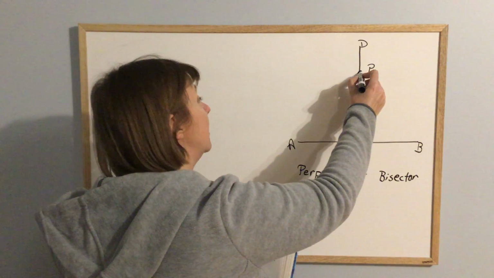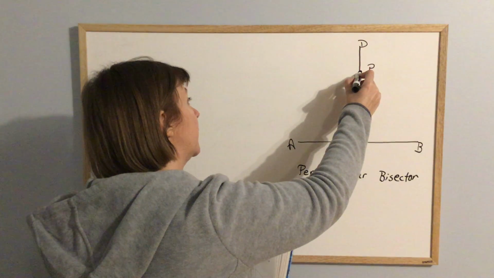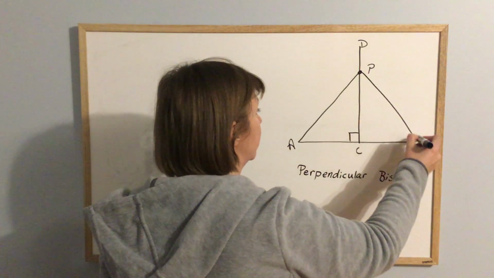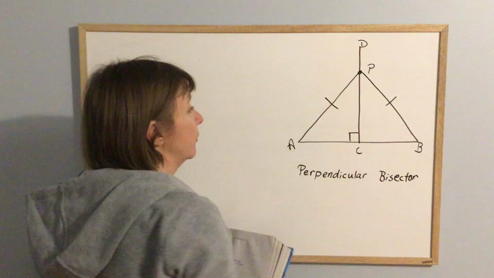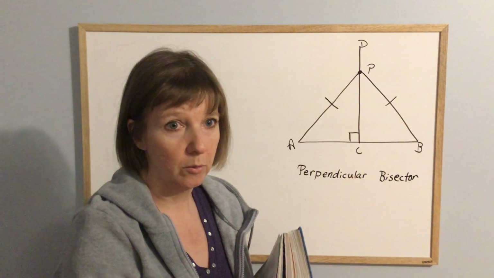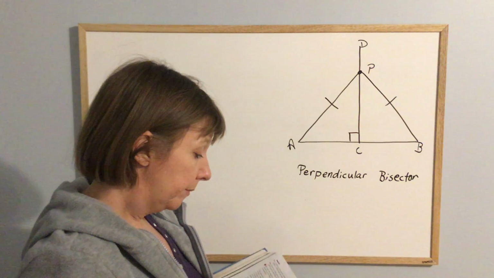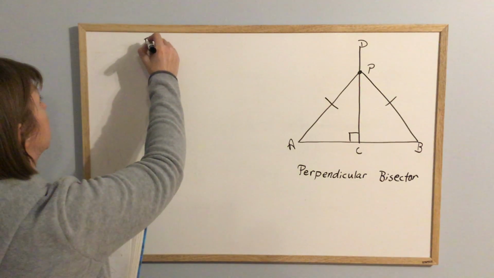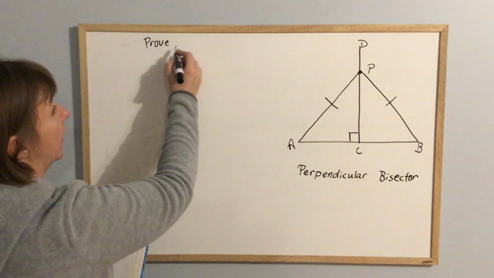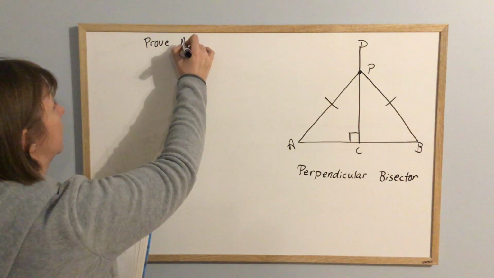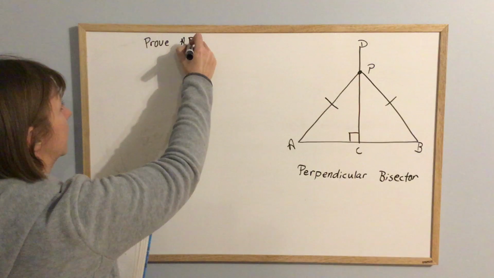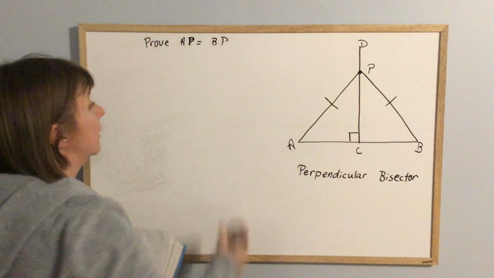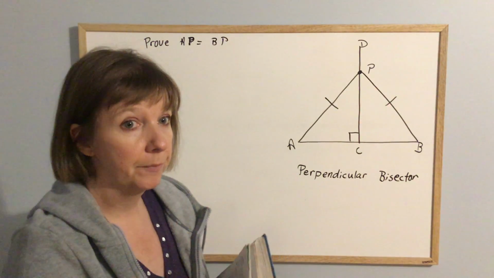So what they mean is any point that I pick, if I pick this point and I draw a line to the end of this line and a line to the end of this line, prove that those are equal, okay? Prove that. So basically, what we want to prove is that AP is equal to BP.